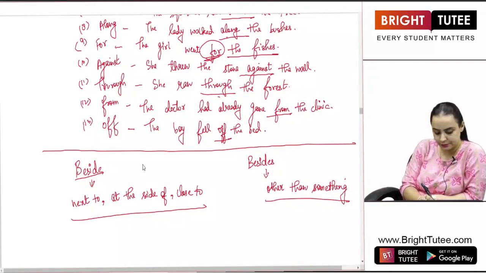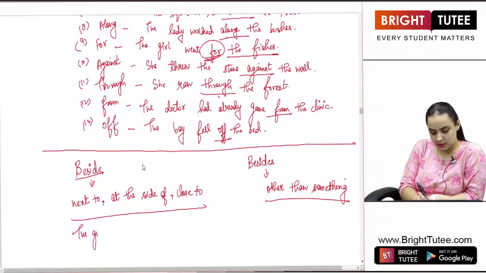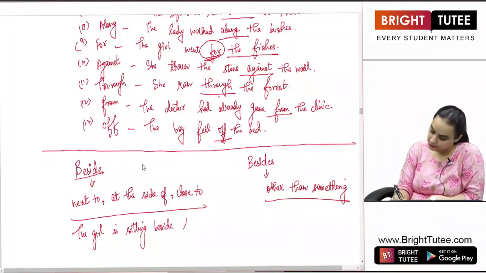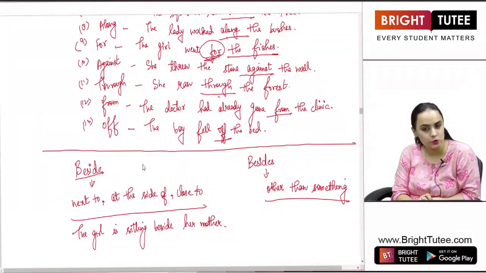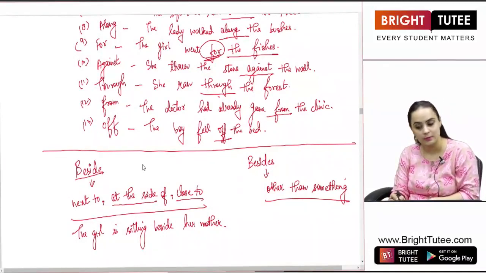For example, the girl is sitting beside her mother, which means that the girl is sitting next to her mother, or at the side of her mother, or close to her mother.